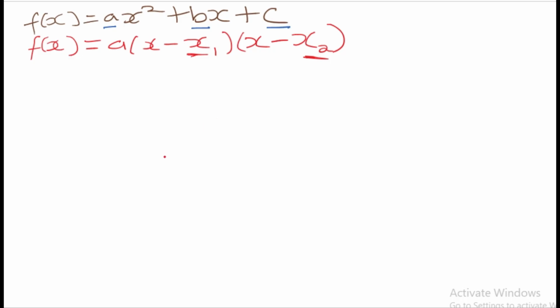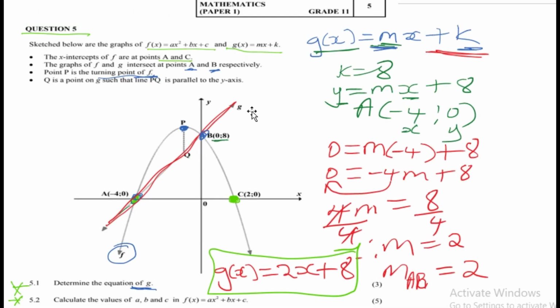Those are the x-intercepts of the parabola, or we can call them the roots. So now what we have to do is some substitution, and then we quickly find the value of a.